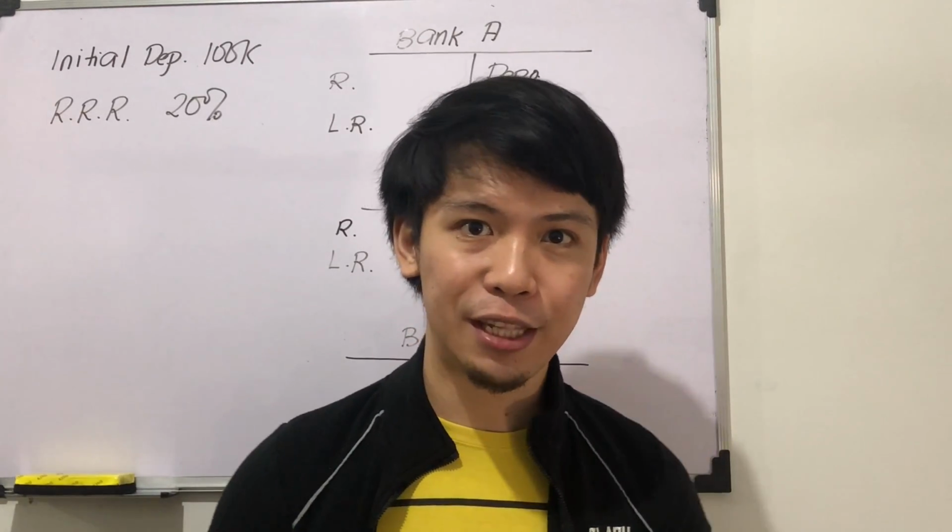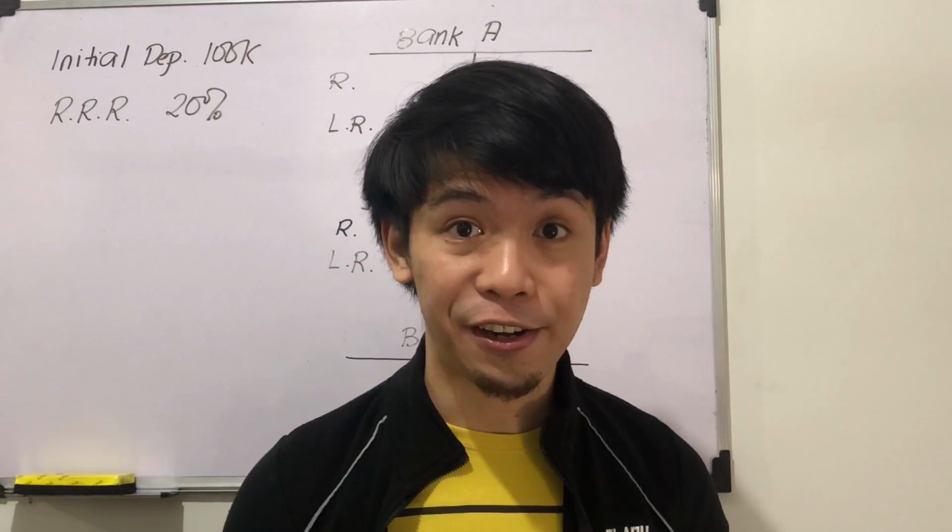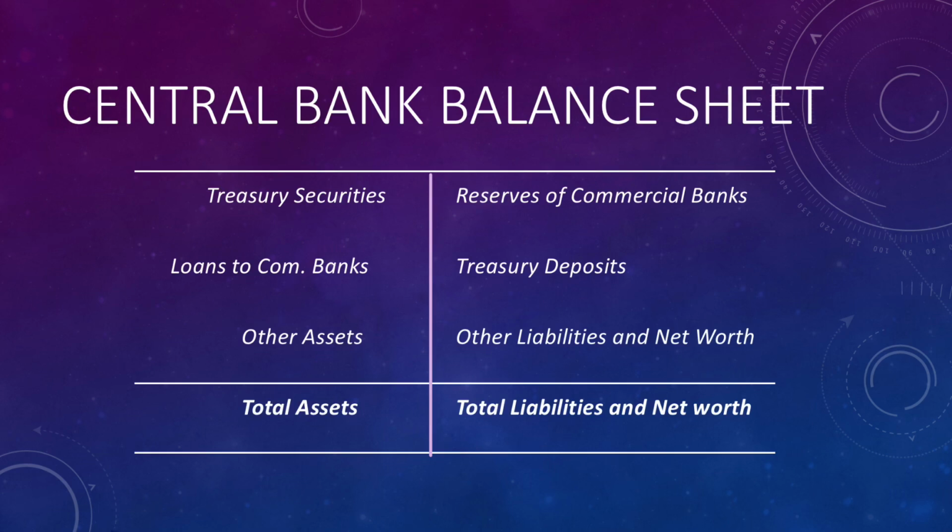To fully appreciate how monetary policy would work, we also need to have an overview of some of the items in the balance sheet of the central bank. The central bank balance sheet is simplified to look like this for purposes of understanding monetary policy. On the left side, I would like to highlight treasury securities. Treasury securities are basically debt instruments that represent government obligations.